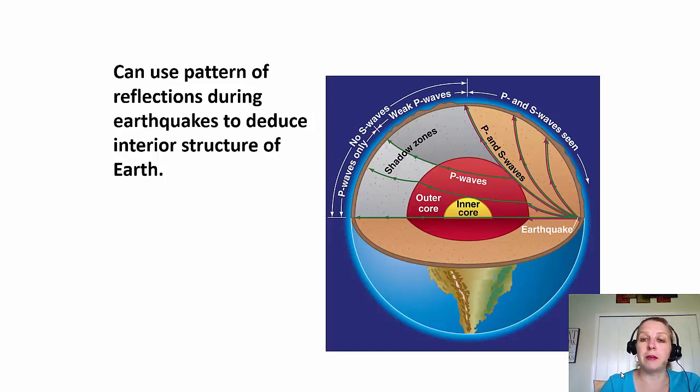So we can get P waves all the way around the Earth from this one earthquake. The S waves, on the other hand, cannot travel through liquid. So there's actually a shadow where there's no S waves. And this kind of indicates that the outer core might be liquid.